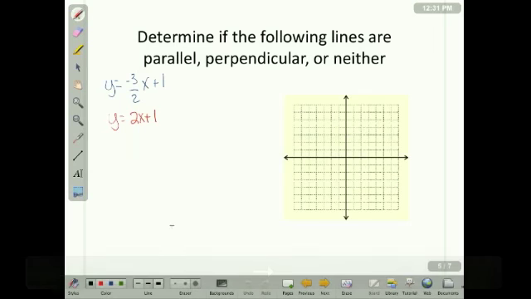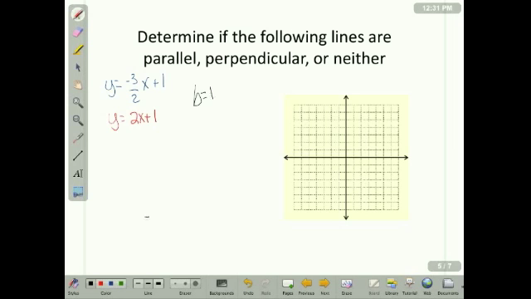We've got two equations, and we need to determine if they're parallel or perpendicular or neither. Notice that the m's are different and the y-intercepts are the same. When we set the x equal to 0 in both equations, the b equals 1. That's my y-intercept.